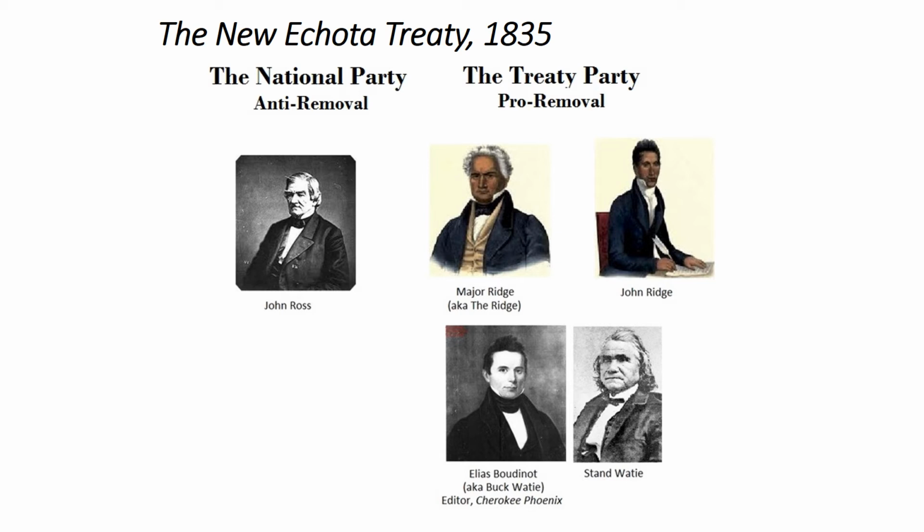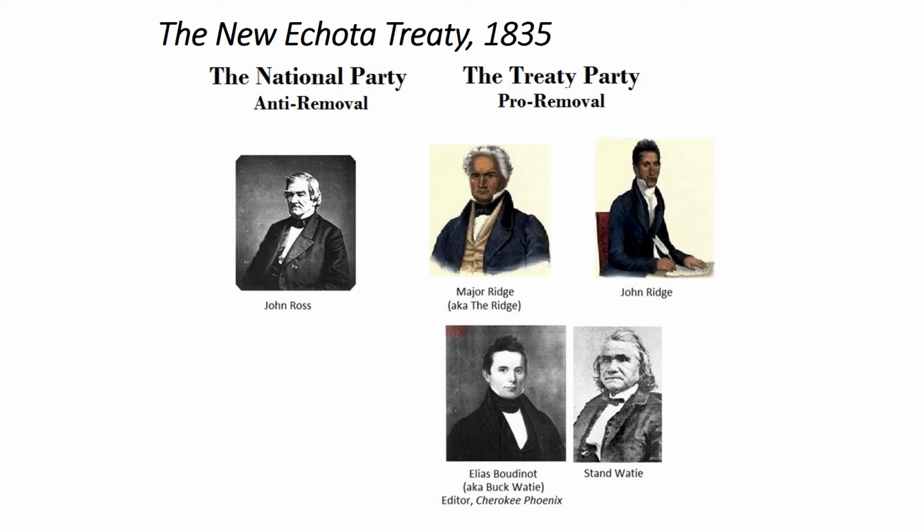Ridge, his son and nephews, and others signed this treaty at New Echota, which was the Cherokee capital in northern Georgia. Signed this treaty, signing over all Cherokee lands, despite the fact that Ridge was not principal chief, Ross was, and that they didn't have the approval of the National Council or a referendum of the Cherokee people, the majority of whom were opposed to this treaty.